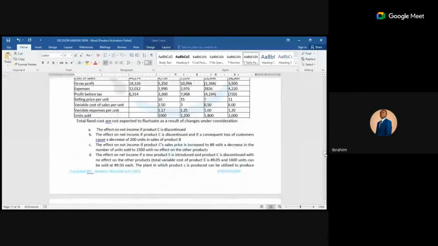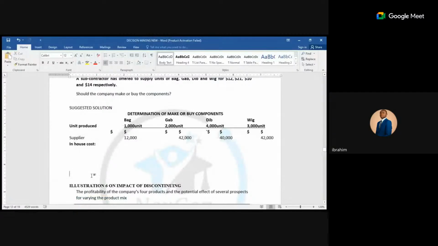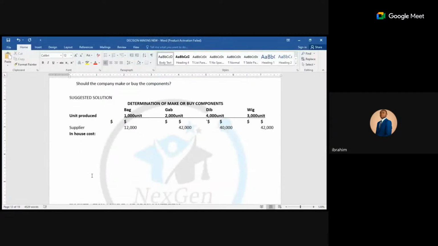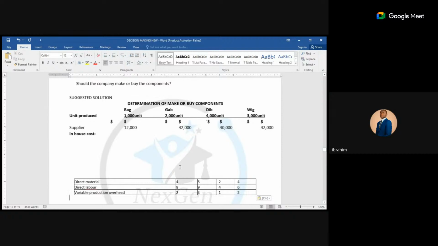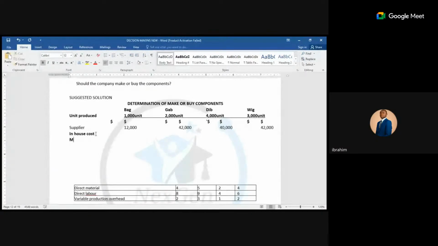Okay, let's say we have direct material, right? In-house. Let me use this way. Marginal cost.